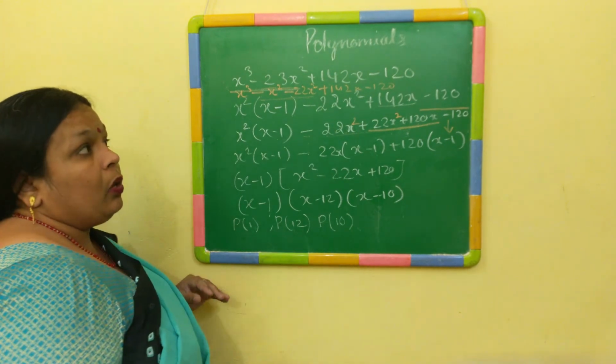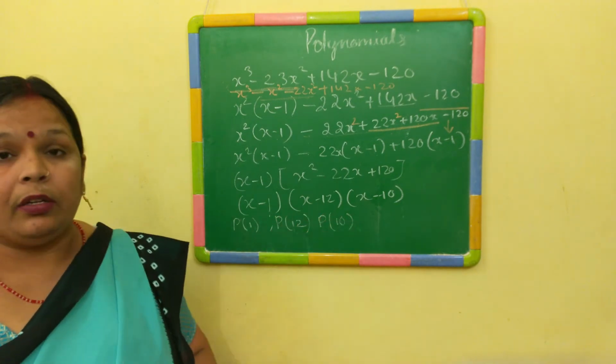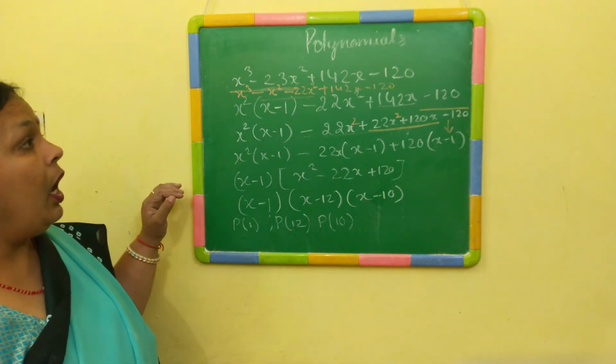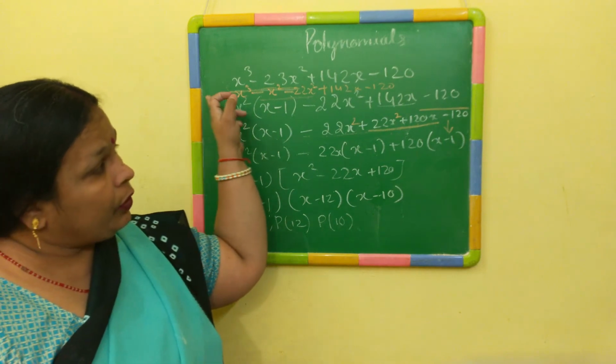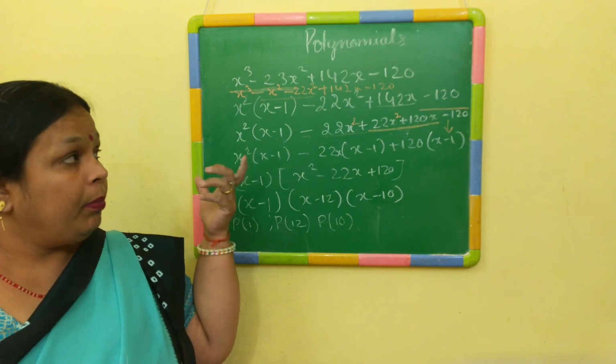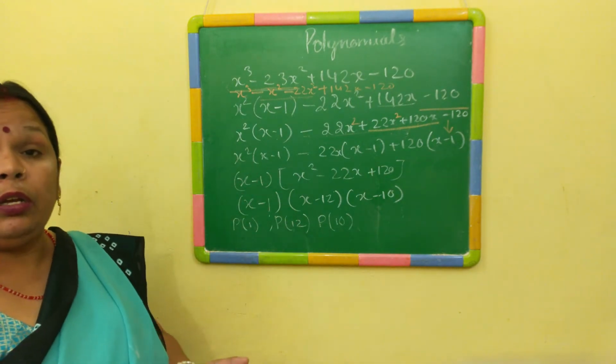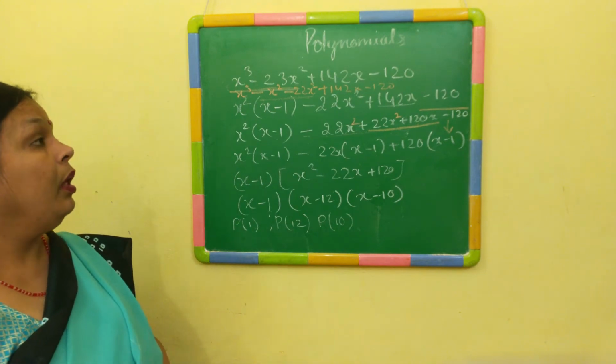Now quickly coming to the third method where we can easily identify the factors roughly. See, whatever lengthy expression it may be, P(x) may be a big polynomial with many variables and degrees. The only condition is its degree should be greater than 1.